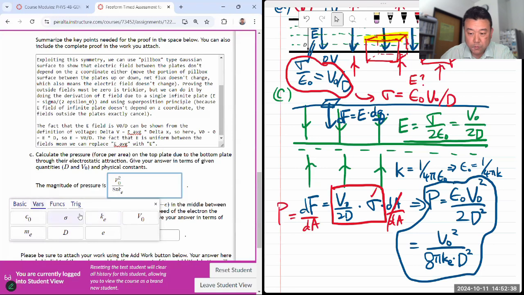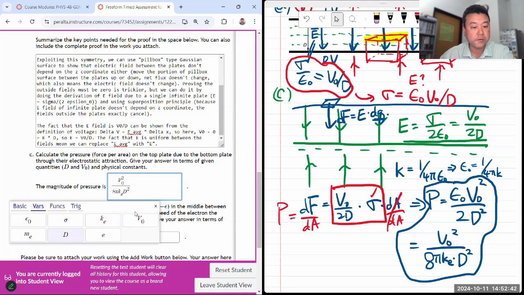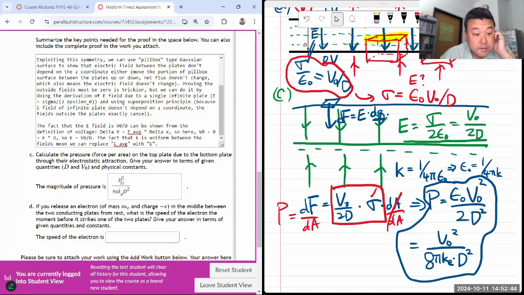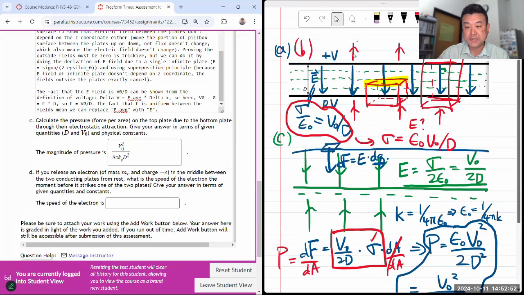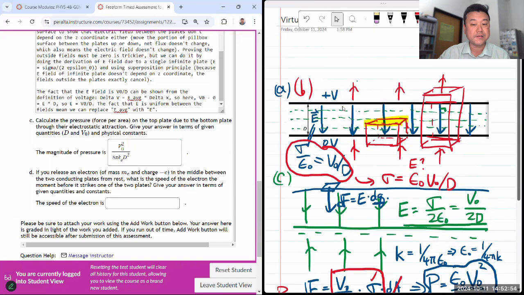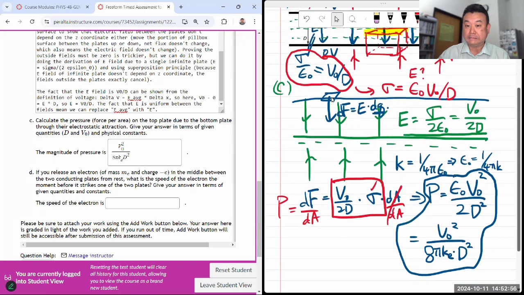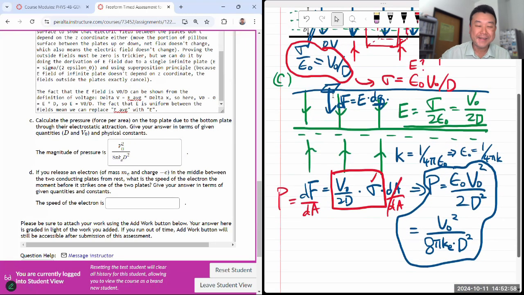Using ke, one thing it helps you with is making sure that you don't use any variables that you shouldn't be using. So, all right, that's the magnitude of pressure, and this is the same answer you would get if you simply average the electric field inside and outside, and use the average value as the electric field on the plate. It just works that way.